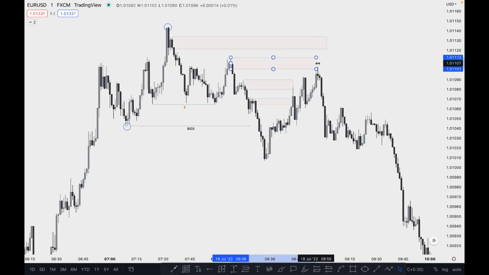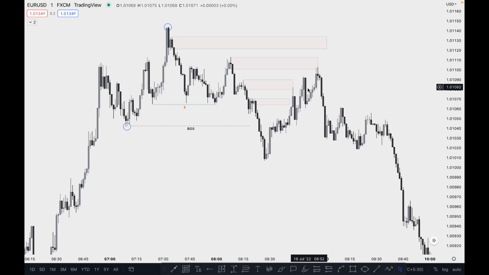So in this case, you can see these are four order blocks, and most traders get confused about which order block they should use for buy and sell. So which order block should you use? Most traders use the aggressive order block because it breaks the structure.